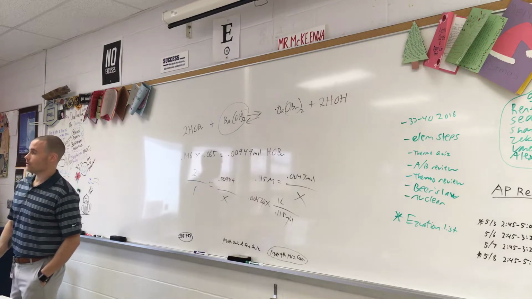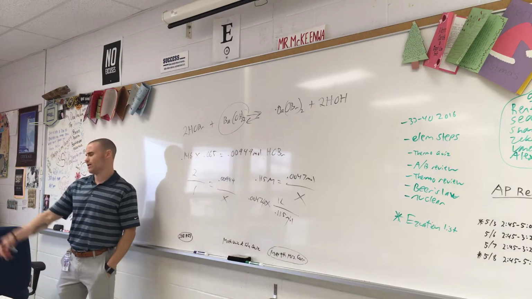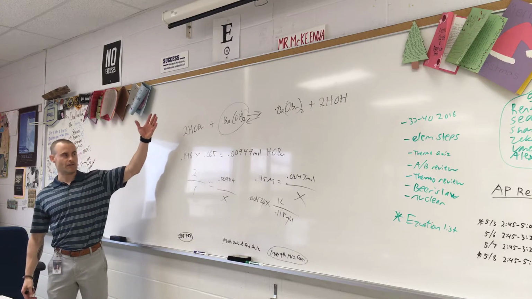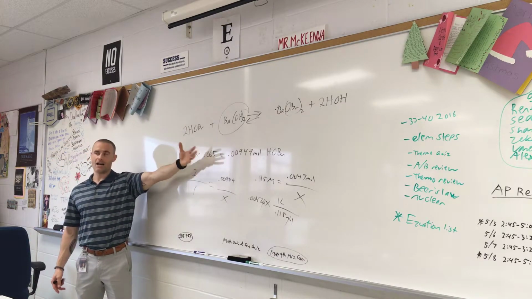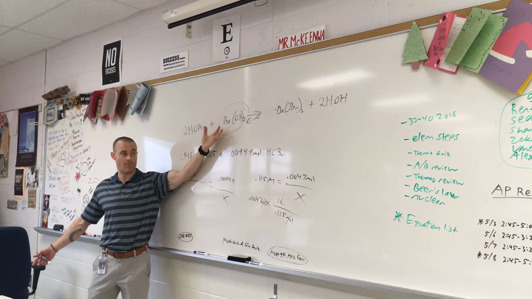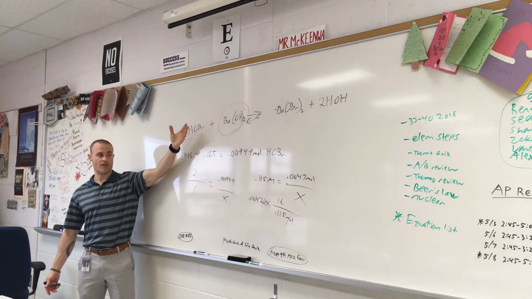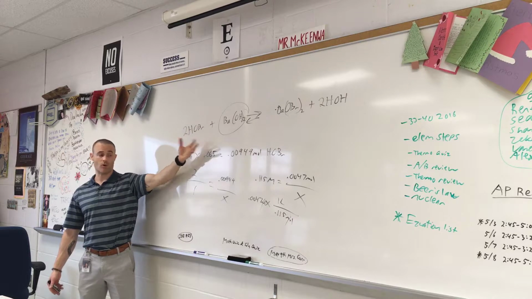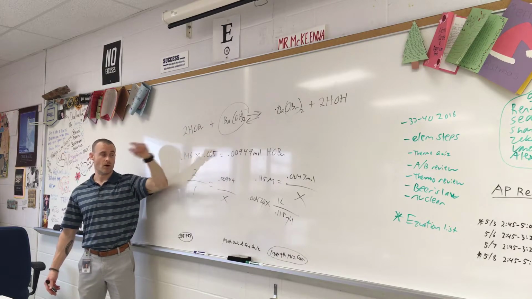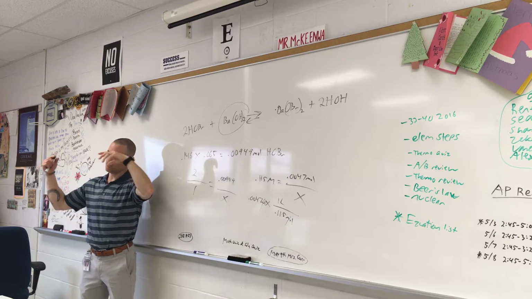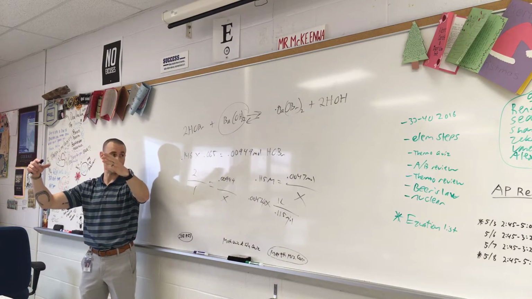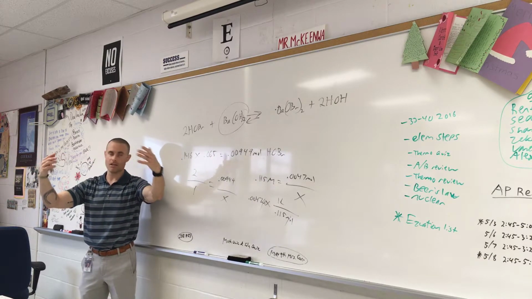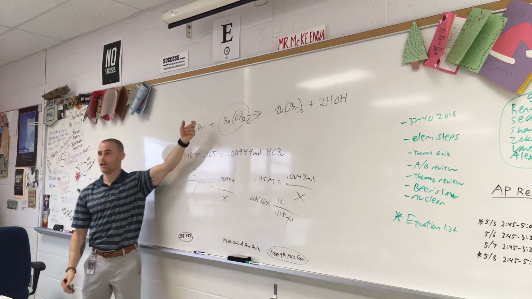So the reason I assigned it, it's good to practice the Ka stuff, and just to understand, if it's not a 1-to-1, and it might not be, you've got to use your coefficient to figure out the moles at equivalence point, right? So even though I've said a million times H plus moles equals OH minus moles at equivalence point, it's not really true because it's based on the stoichiometry, right?